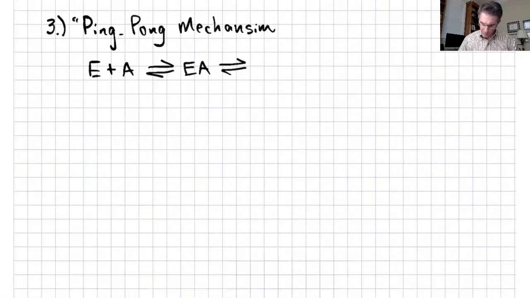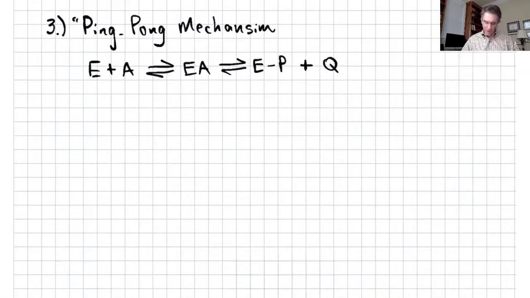Frequently, this is going to involve a covalent intermediate with the enzyme, but it doesn't have to. You can sometimes just have something very tightly bound. But frequently, this will involve forming some kind of covalent intermediate with either the enzyme itself or with a prosthetic group that's on the enzyme. And then we would release our first product.